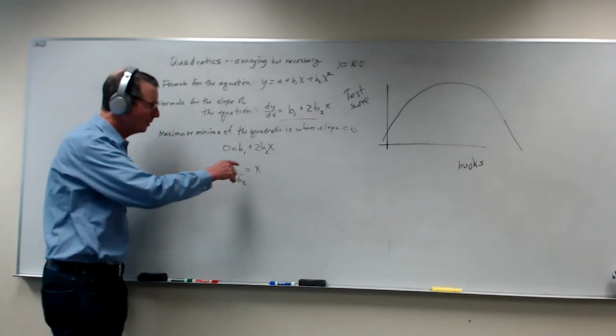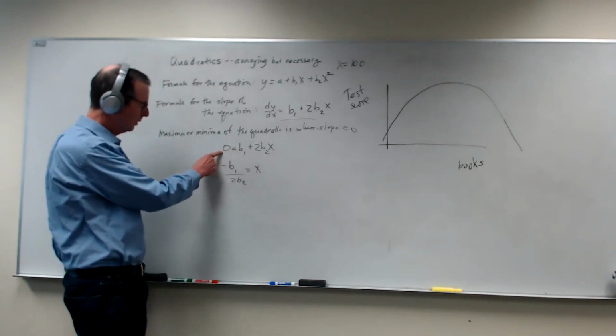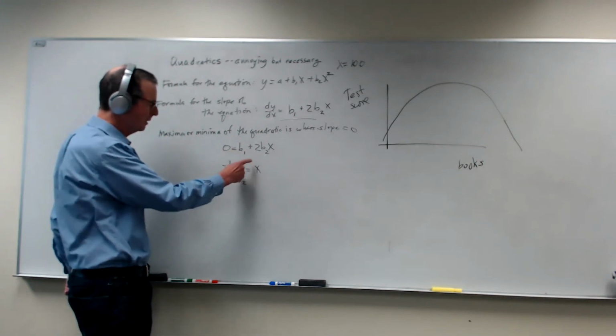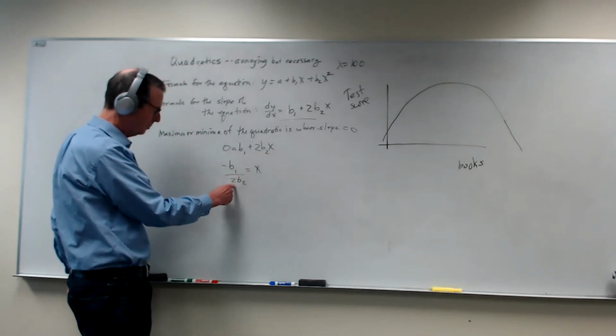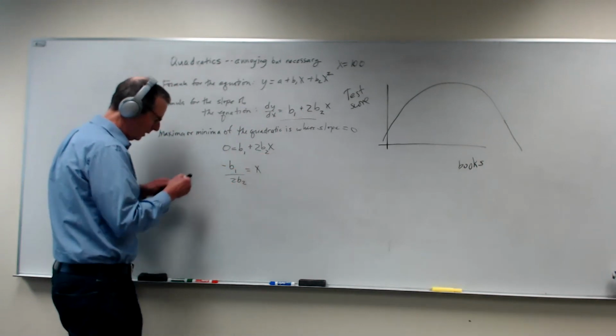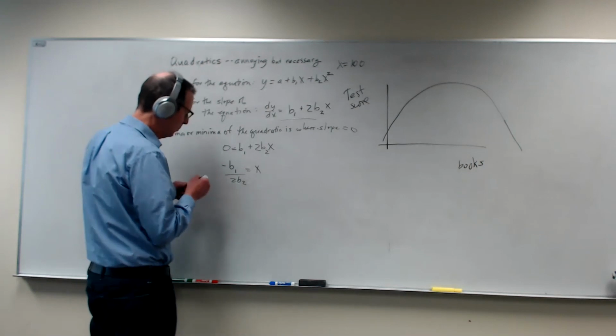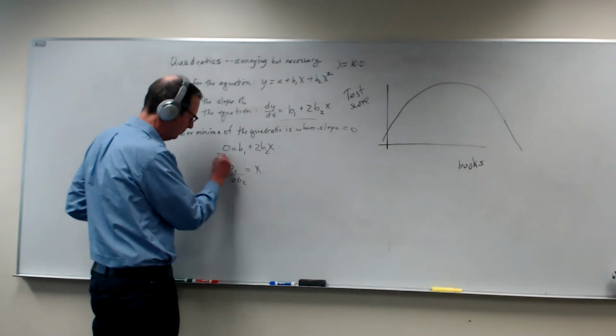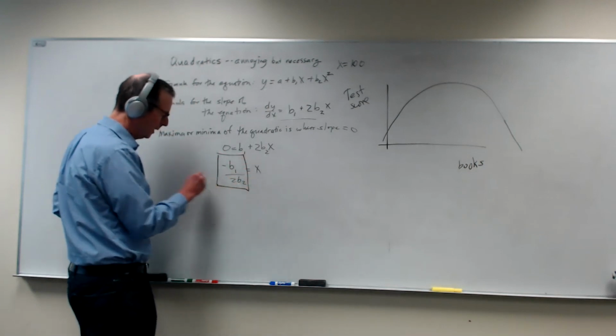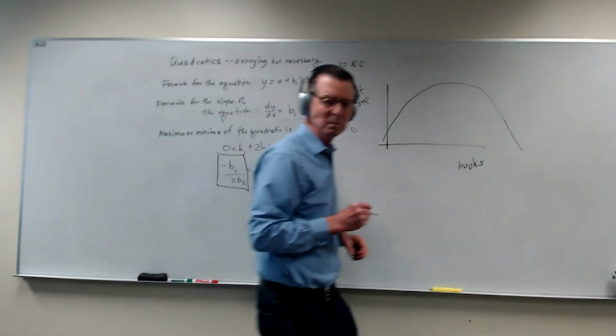If you solve for x, the b1 comes over on this side, so it's minus b1, and you divide both sides by 2b2. So the maximum or minimum point is just minus b1 over 2b2.